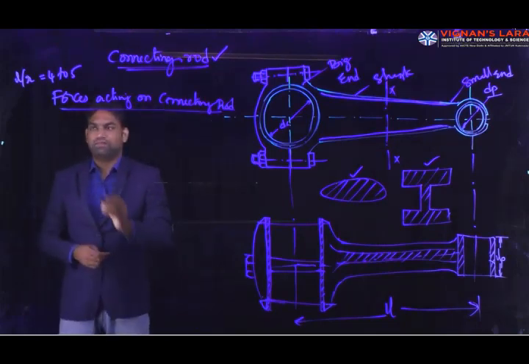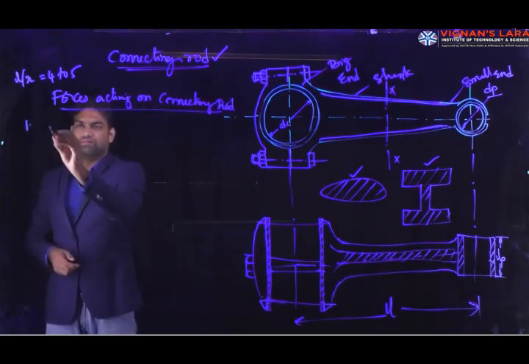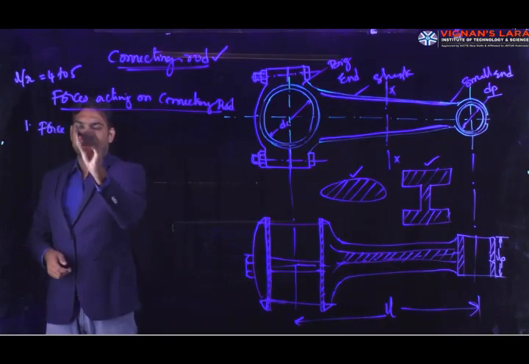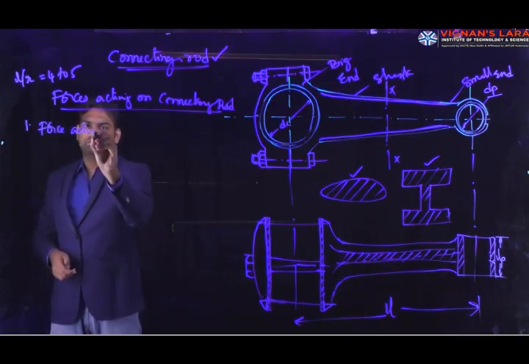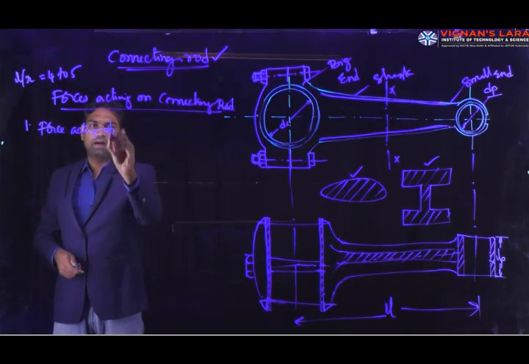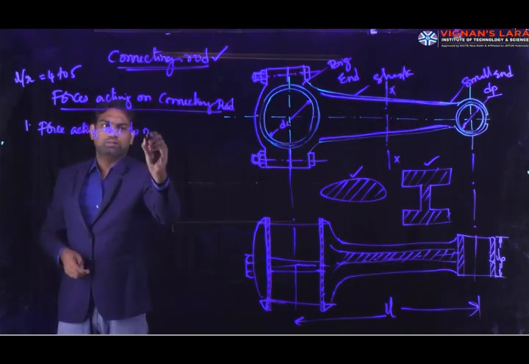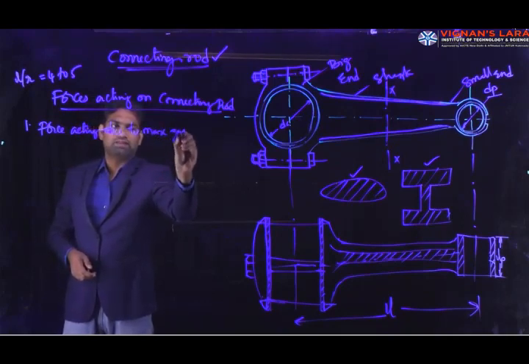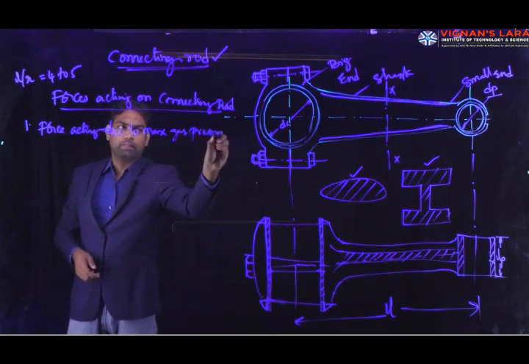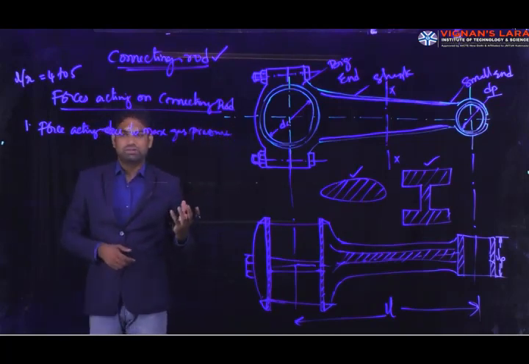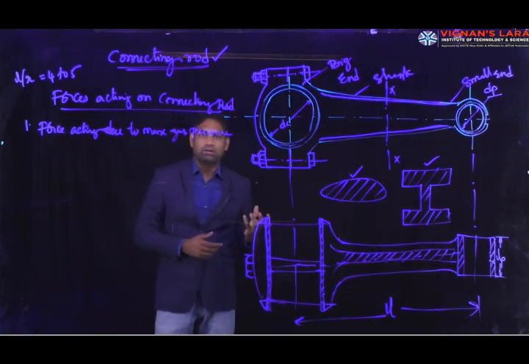So here the first force acting on the connecting rod is the force due to the maximum gas pressure. That is due to the explosion process, the maximum gas load is acting on the piston. The same load is acting on the connecting rod.